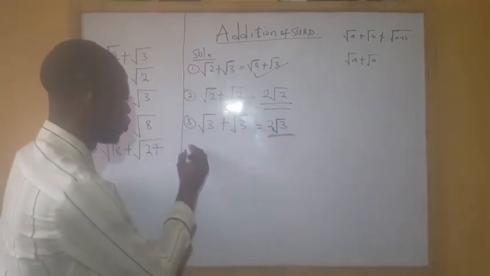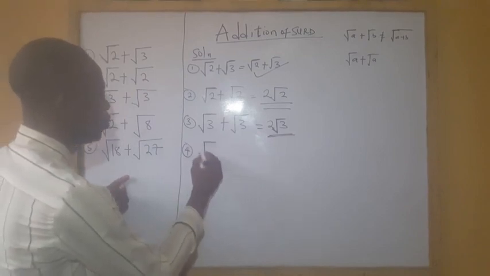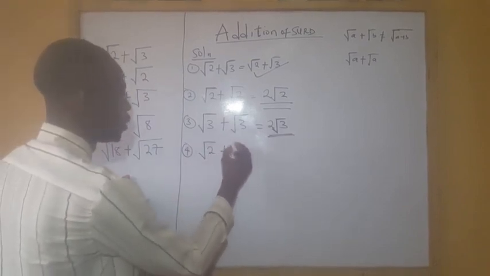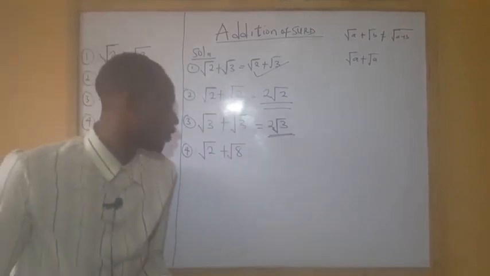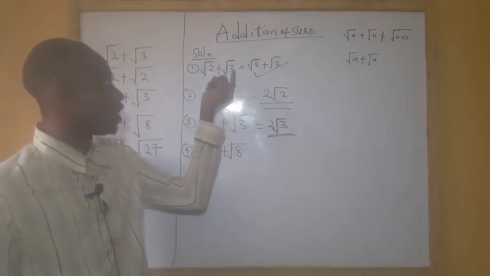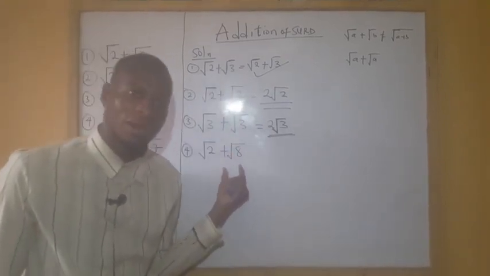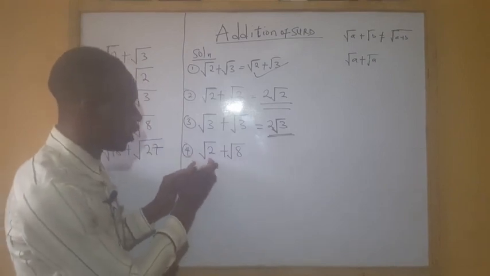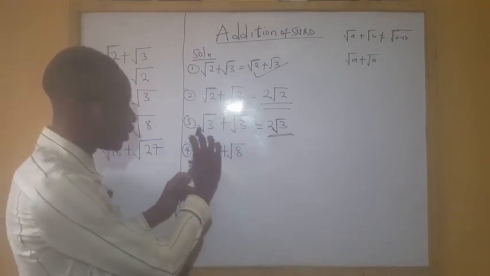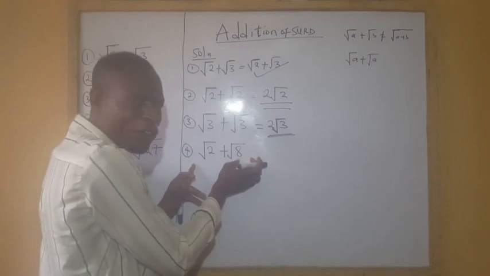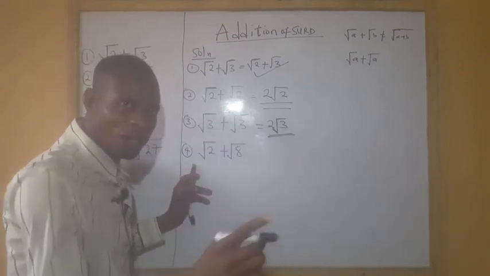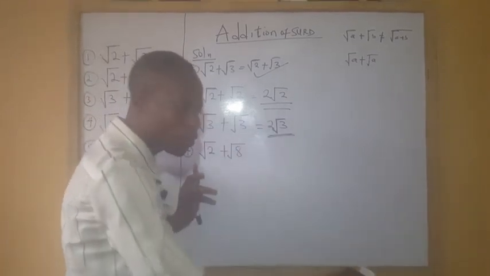Okay. So the fourth one says root 2 plus root 8. Now, this is more or less like this, but with a little difference. Because this is root 2, the perfect square factor for root 2 is 1. But you have to look for the perfect square factor of 8, which is 4. Then 4 multiplied by 2 will give 8.